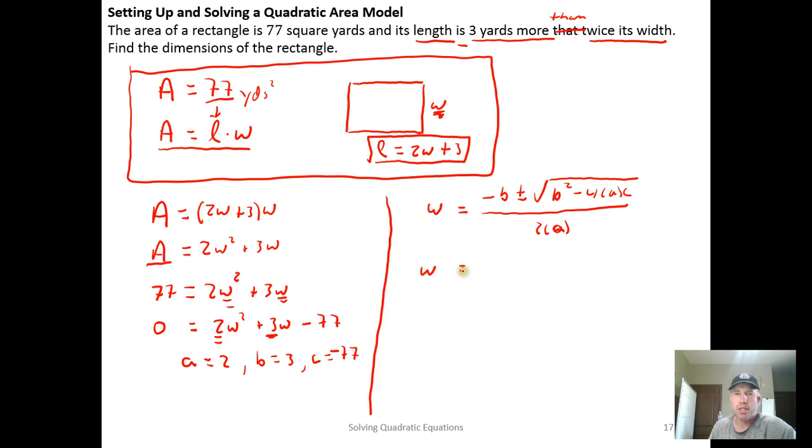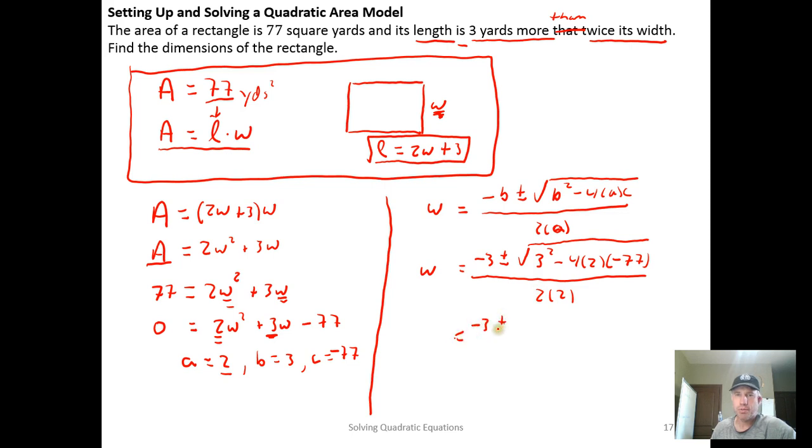So we get width equals the opposite of b, but b was a 3, so it's the opposite of 3, plus or minus the square root of b squared, that's 3 squared, minus 4 times a, which was 2, times c, which was negative 77, all over 2 times a, and a is equal to 2.